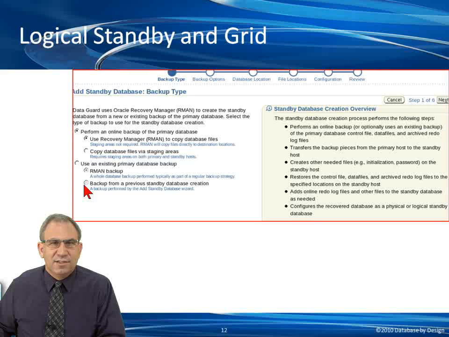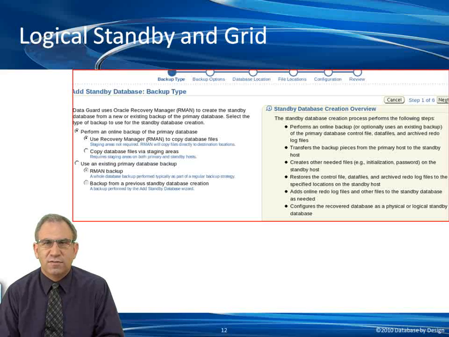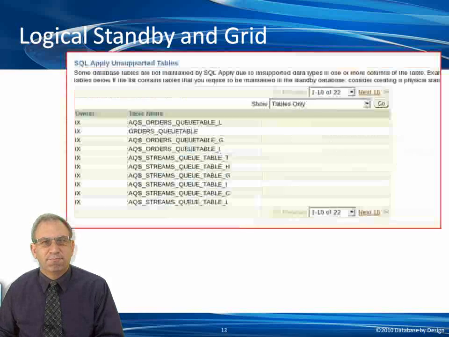Since I just did this, I could say use an existing primary database backup by using RMAN. It doesn't really matter, but just to be on the safe side, let's back up the primary and then use that primary as a source for my logical standby database.